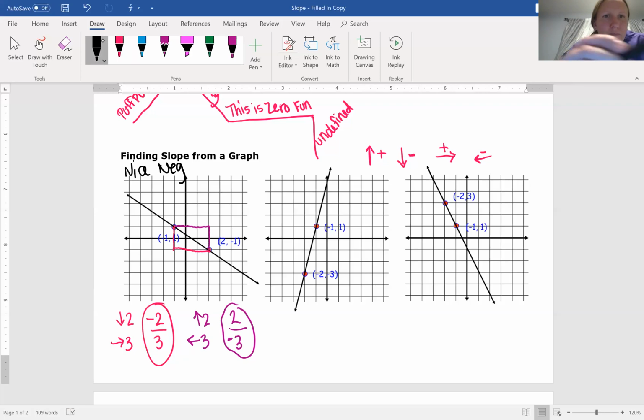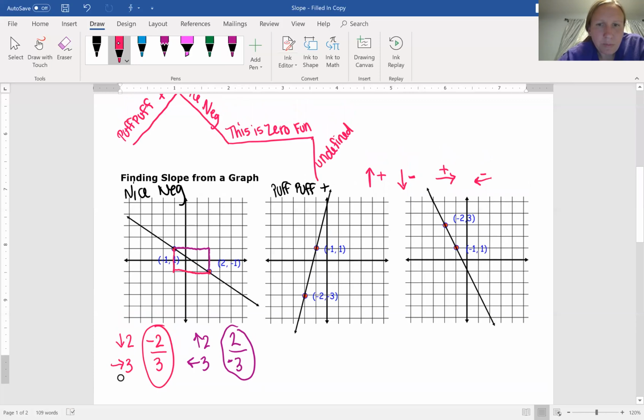For the next one, it's starting here and goes up to the right. So this is a puff, puff, positive. This one should be a positive answer in the end. I'll do it both ways. We start at this point and go up 1, 2, 3, 4, and then we go over 1 to the right. Up is a positive direction, and 1 to the right is a positive direction.